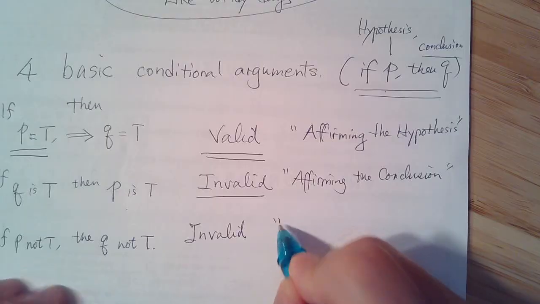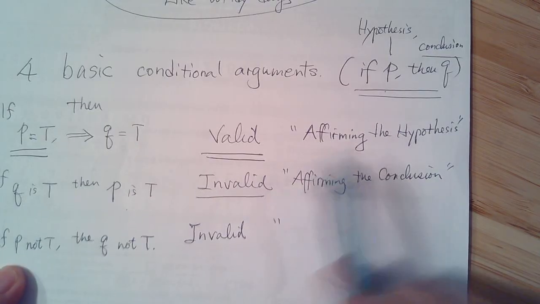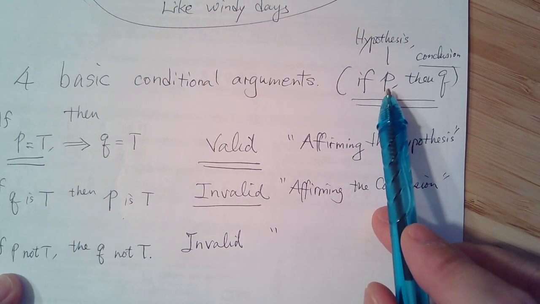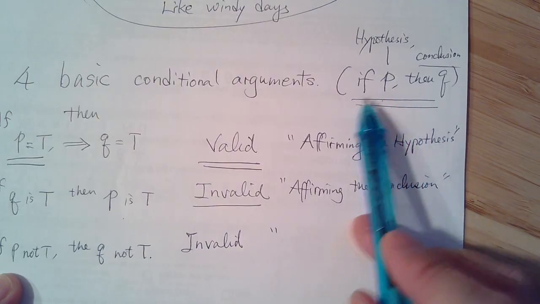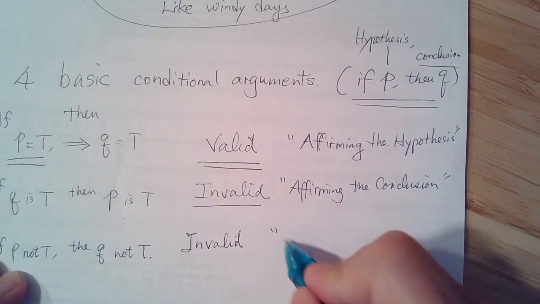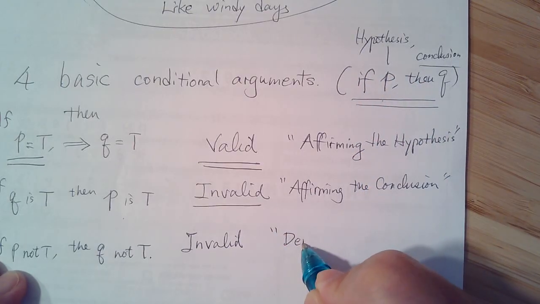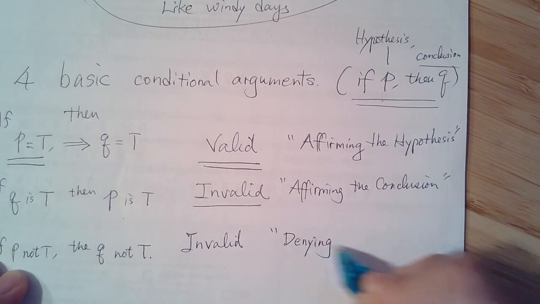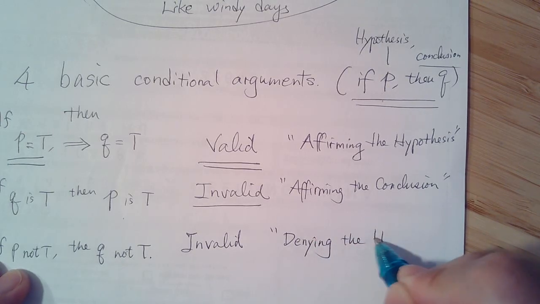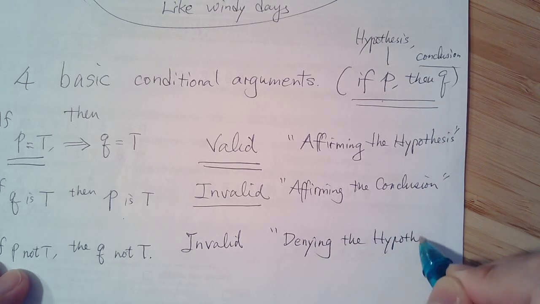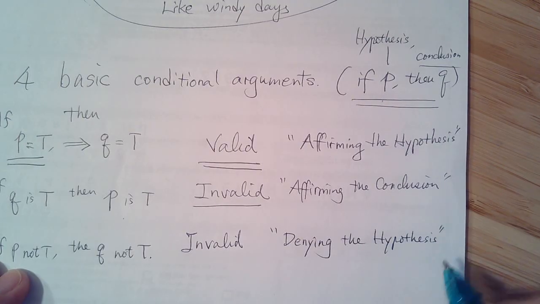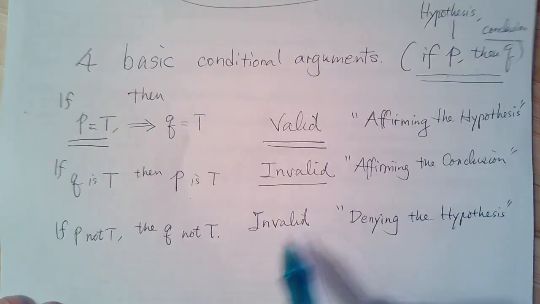So because P is not true, you are denying the hypothesis. That will give you an invalid statement.